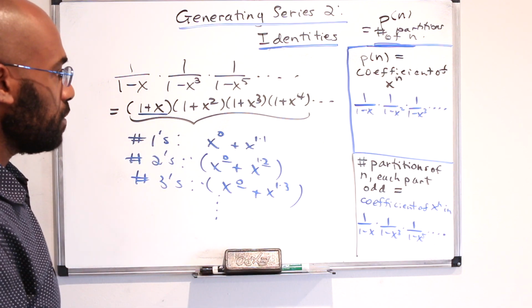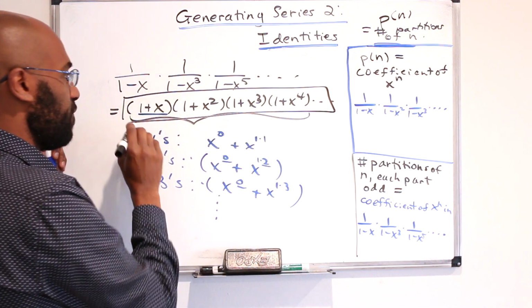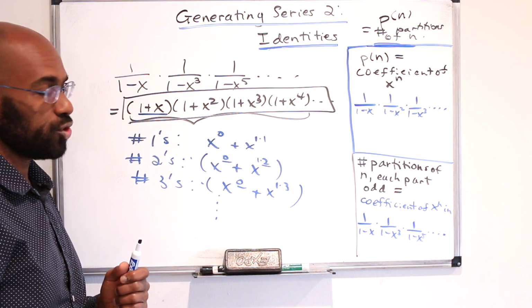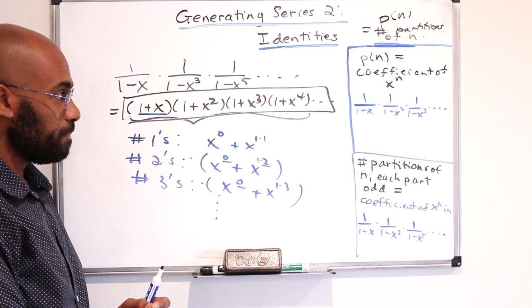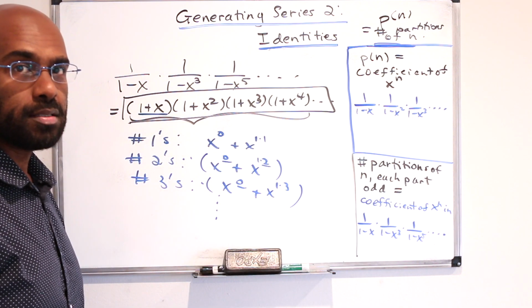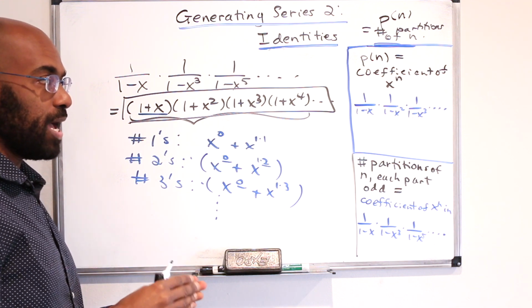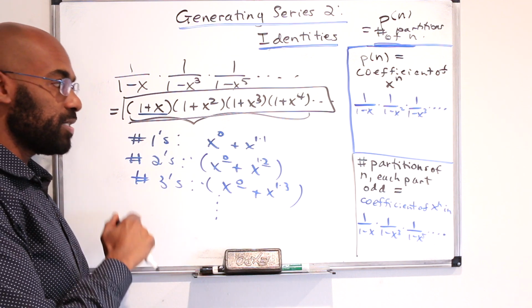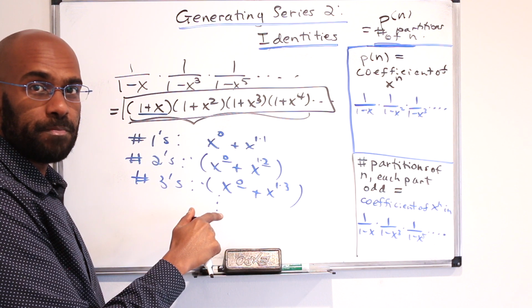Okay, so if this thing is the generating series for the number of partitions of a positive integer into parts that are distinct, and this is the number in which each part is odd, that means that the number of partitions of a number n in which each part is odd is the number of partitions of n in which each part is distinct.